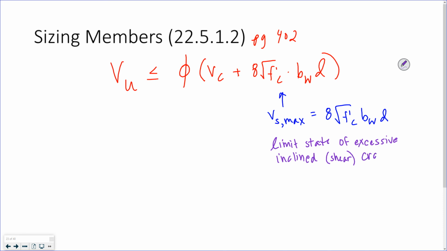Basically, you have to size it so that you're not going to just crack all of your beam, and it's just basically hanging out, being held together by the steel cage of your shear reinforcement.